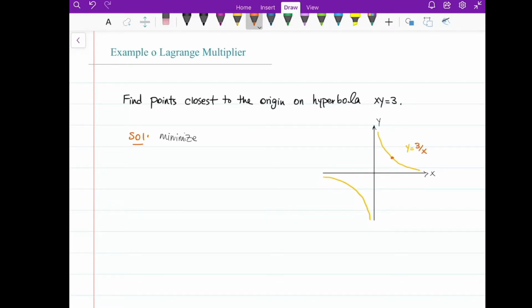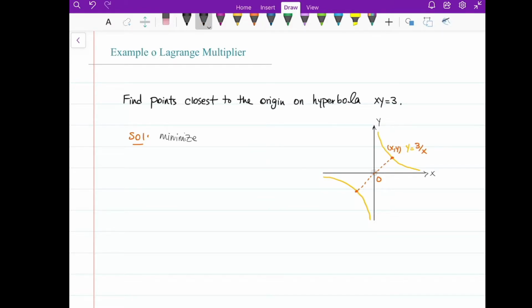If I pick this point x and y, it has the closest distance to the origin, and based on the symmetry I also have this point.